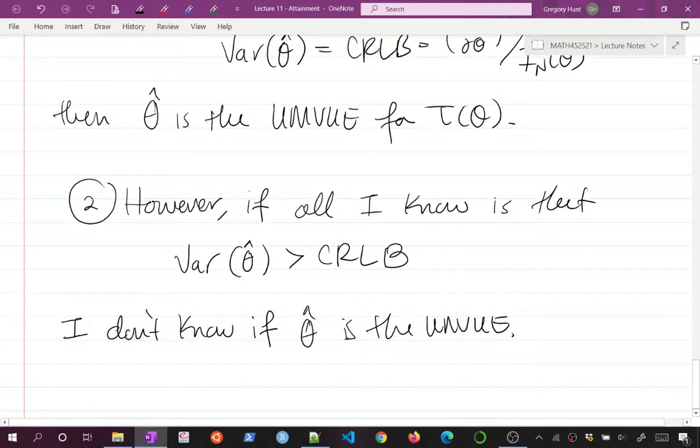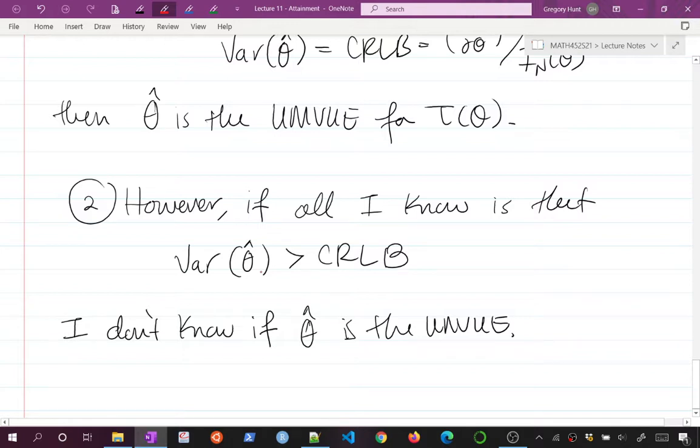The reason is that I can't prove it's the UMVUE just from using this theorem, because I don't know if there's some other estimator that has a lower variance than theta hat. It has to respect the lower bound by the theorem, but it might have a lower variance than theta hat. So there might be something between these two. We don't know. On the other hand, we don't know that something like that exists. So we don't know this thing definitely isn't the UMVUE.